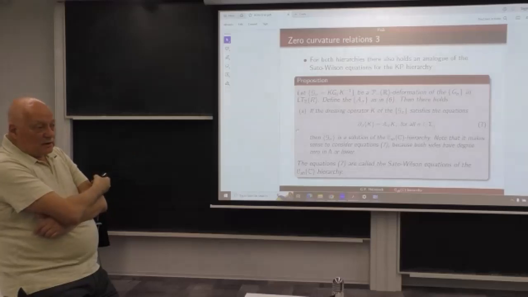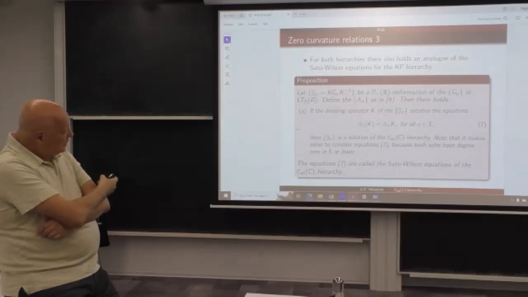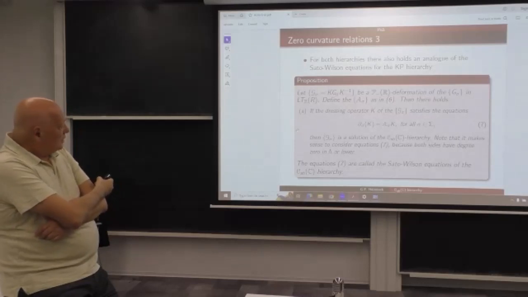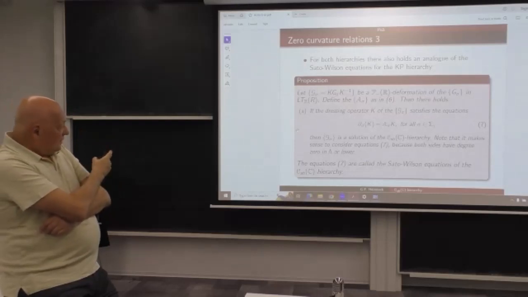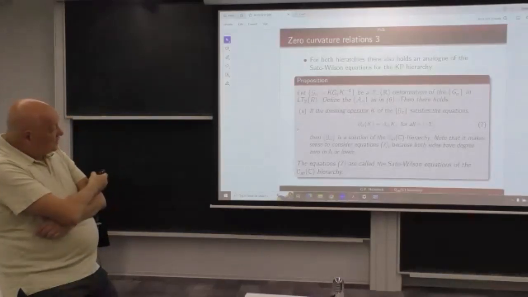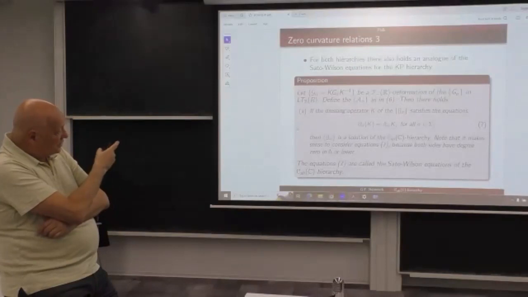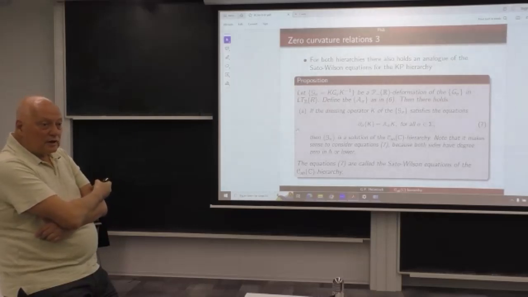that's a Cauchy problem. Given A sigma, you can try to solve that for an operator K that belongs to the group P minus R. Now, if it satisfies this condition, the zero curvature equations for A sigma say that it is a good problem to consider, but that's necessary.